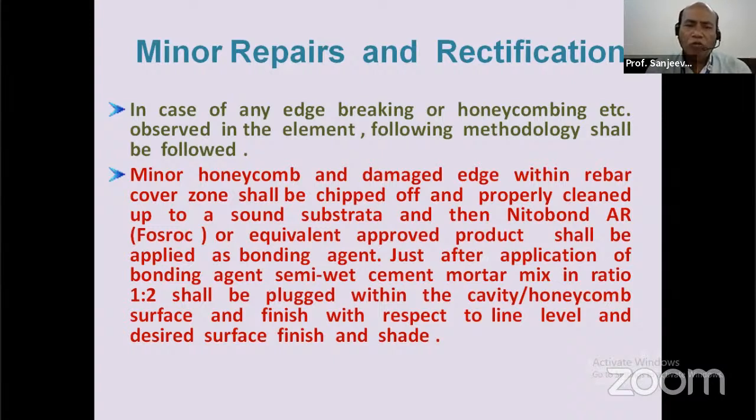Just after application of bonding agent, semi-wet cement mortar mix in the ratio of 1:2 was used to plug the cavity and honeycomb surface, and finish with respect to line, level, and desired surface finish and shade. So this was the methodology used for minor repairs and rectification work for the precast wall panels.